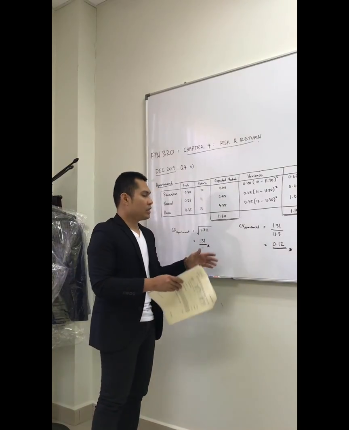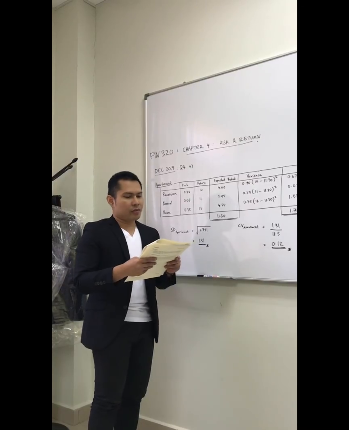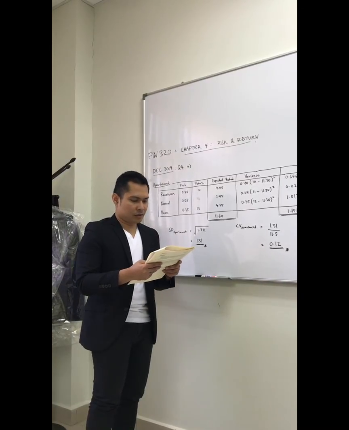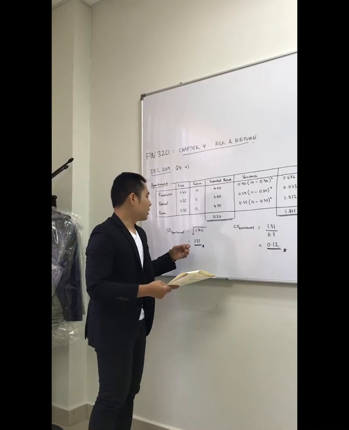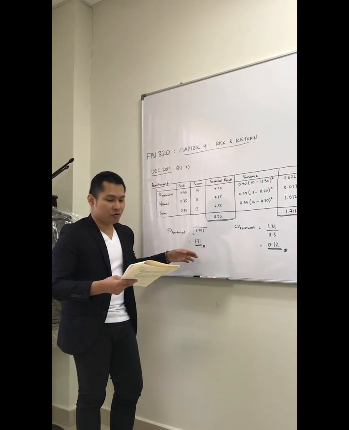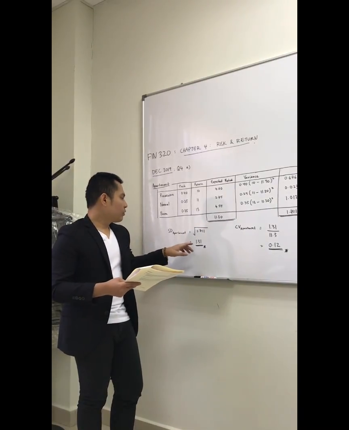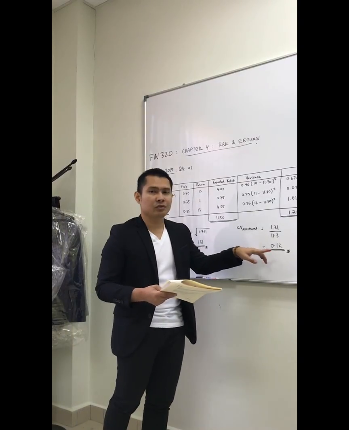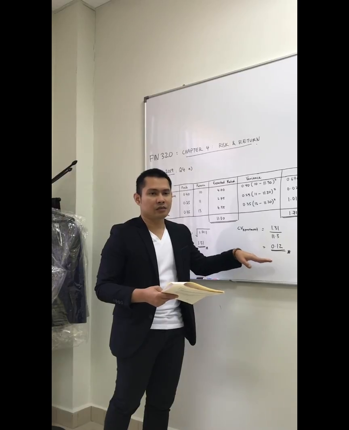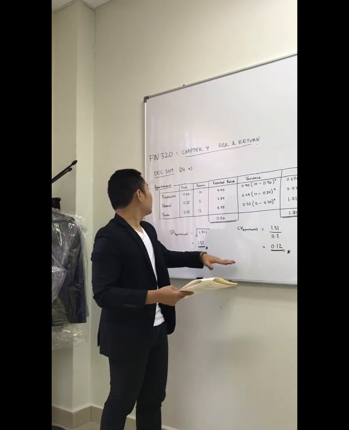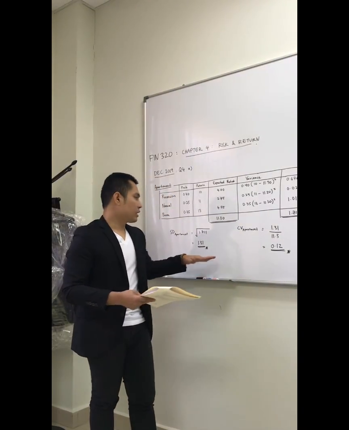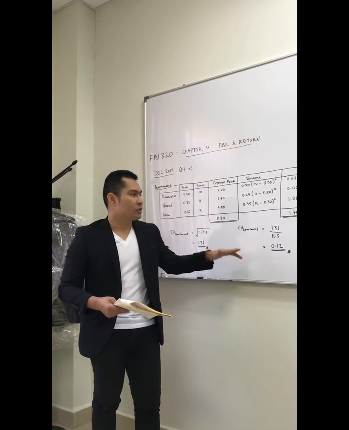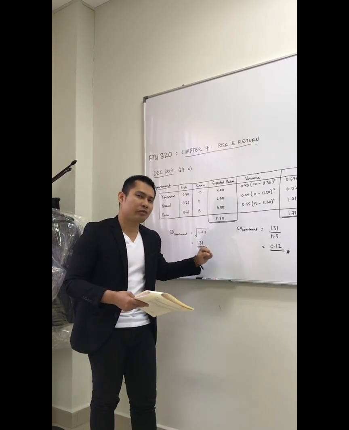Lotus Development Berhad must choose the apartment project because it provides a lower risk of 1.31 standard deviation and 0.12 coefficient of variation, which is lower than the condominium's SD and CV. Okay, so with that we are done with chapter 4.